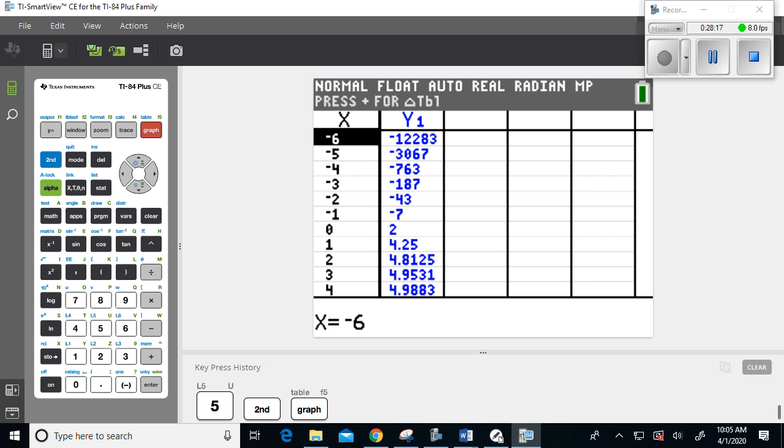Again, you're looking for at least 2 points. In this case, it looks like all you're going to be able to get is 2 points. You could plot 1, 4.25. It's not terribly difficult. Negative 1, negative 7, 0, 2.